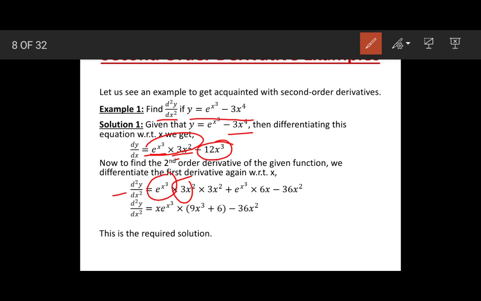So e raised to x cube into derivative of 3x square, that is 6x. Then plus 3x square as it is into derivative of e raised to x cube, which is e raised to x cube into 3x square. Okay, so that is the derivative of this dy upon dx.